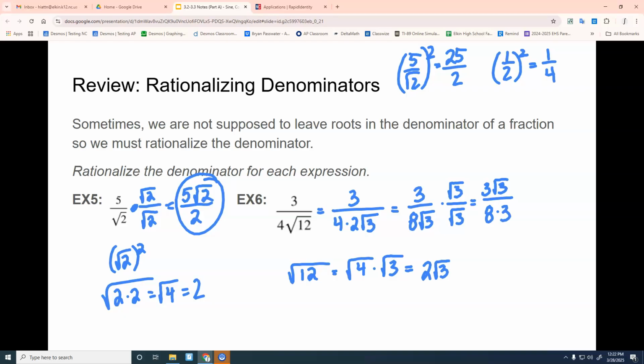And normally I'd multiply those together, but I've got this 3 right here on top that can cancel with this 3 right here on bottom. It's a 3 on the outside of the square root that cancels, not the one on the inside. And I get square root of 3 over 8. Now that one does look a little more simple than what I started with.